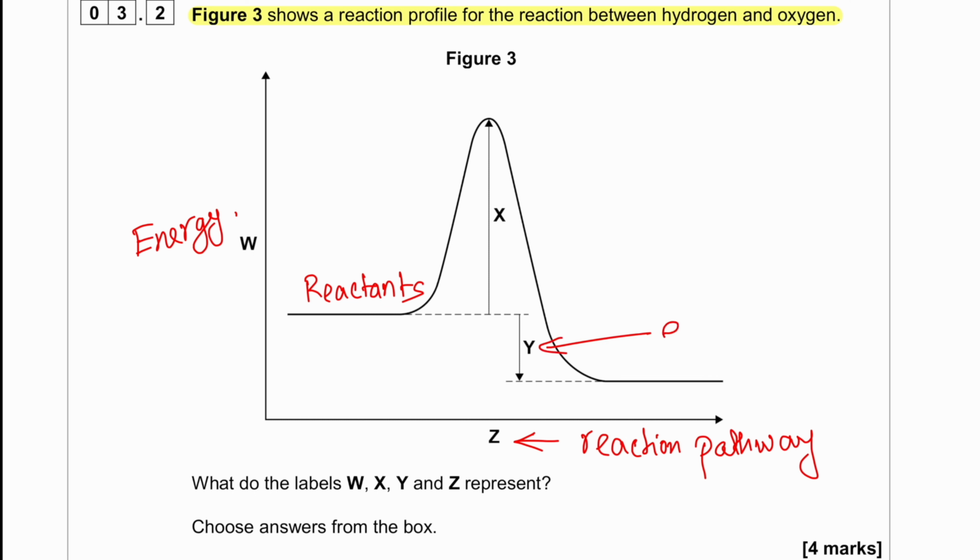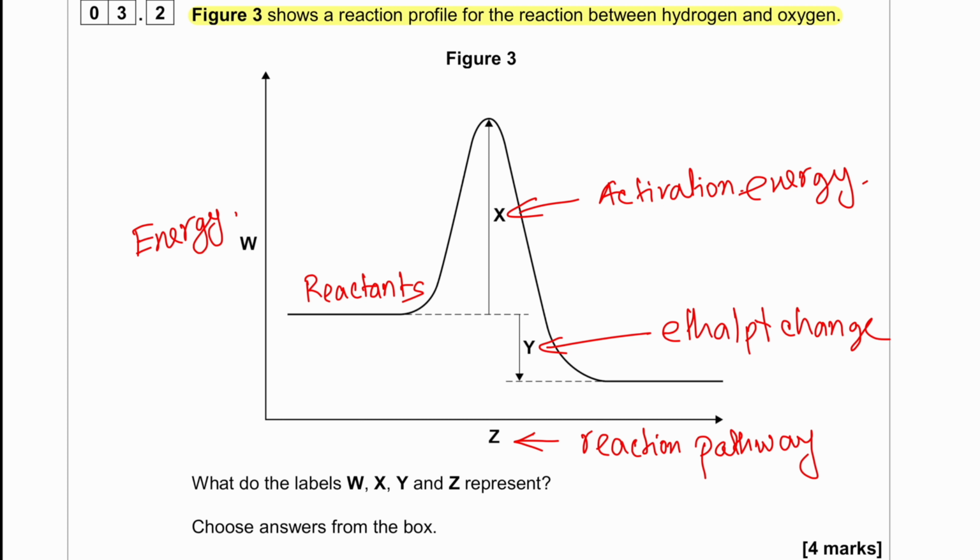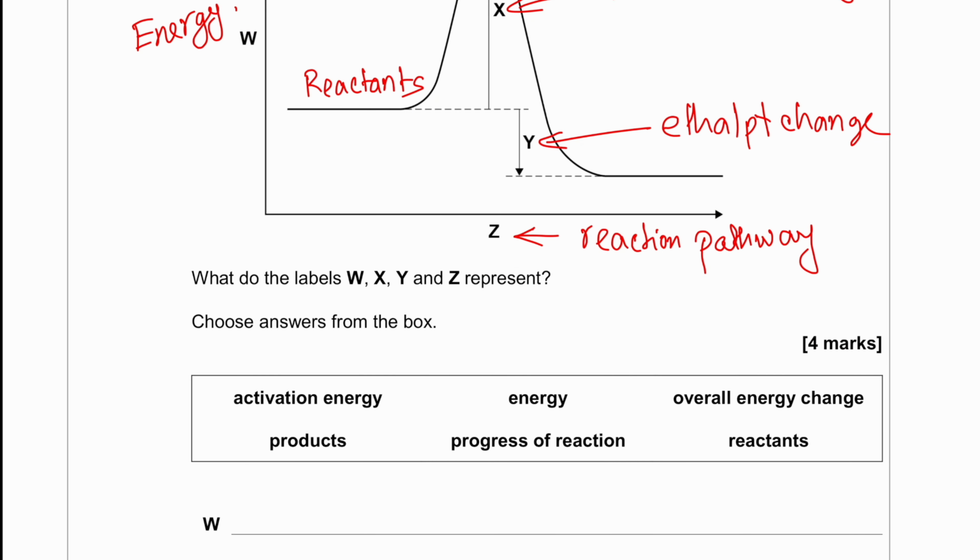Y will represent enthalpy change or energy change. And X will represent activation energy. What do the labels W, X, Y, Z represent? Choose answers from the box.